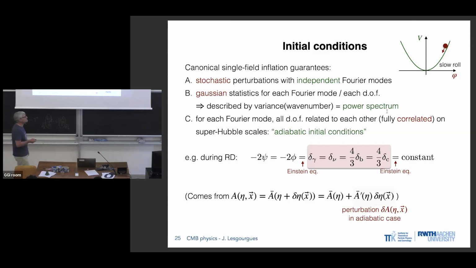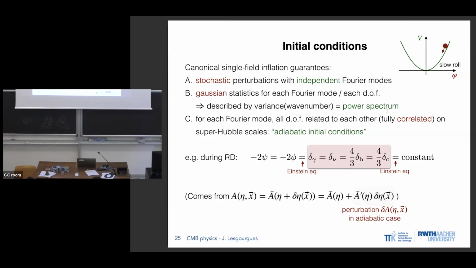And then for each Fourier mode, we can prove, and this is a really important part, that all the perturbed degrees of freedom are related to each other, in the sense that they are fully correlated on super Hubble scales. And that's the idea of adiabatic initial conditions. What happens is that all the perturbations in the early universe are created by the fluctuation of a single degree of freedom, which is the inflaton perturbation.